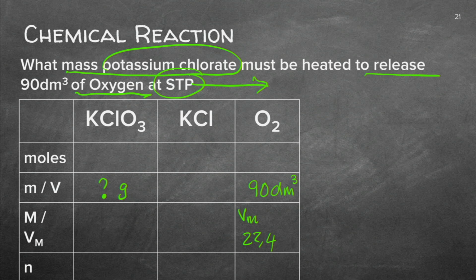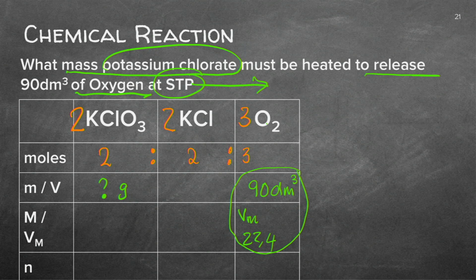And can you see immediately I can calculate the moles of oxygen formed. Guys, remember, we cannot do any calculations without a balanced equation. So let me write that down once again. 2 moles will be in a ratio of 2 to 3.